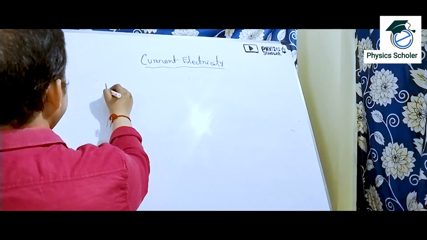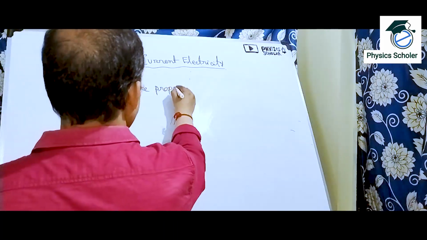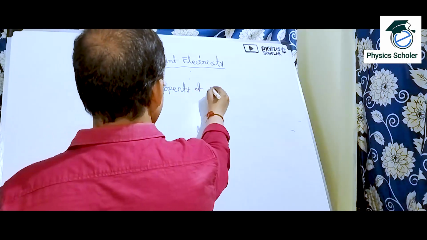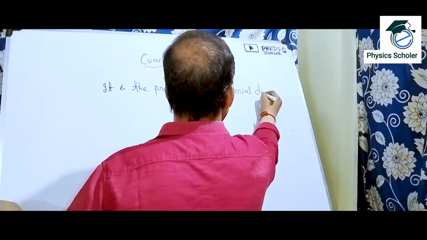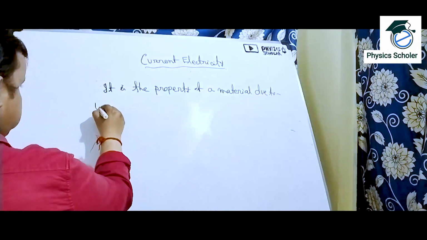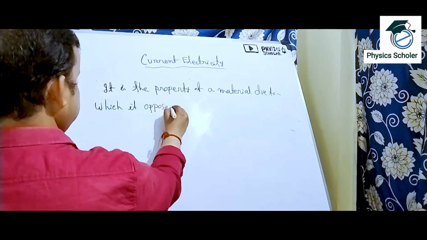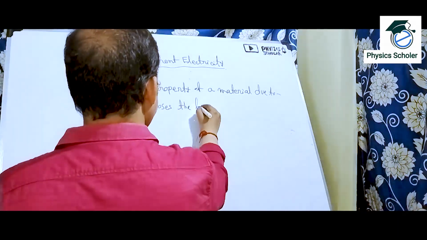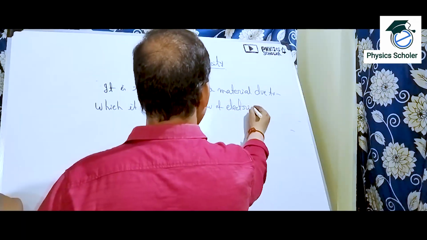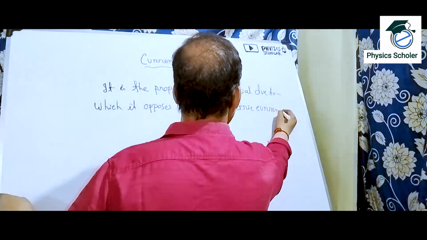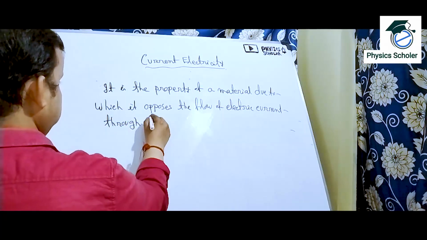It is the property of a material due to which it opposes the flow of electric current through it.